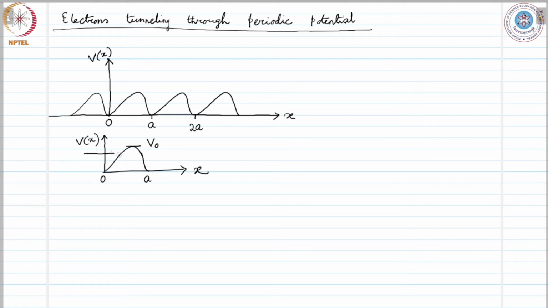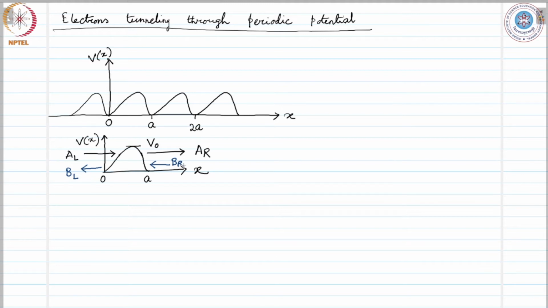The incident electron wave has an amplitude A_L from the left hand side, the one that moves towards the right in the right hand side is A_R, and B_L moves this way in the left hand side, B_R moves this way in the right hand side of the potential profile.